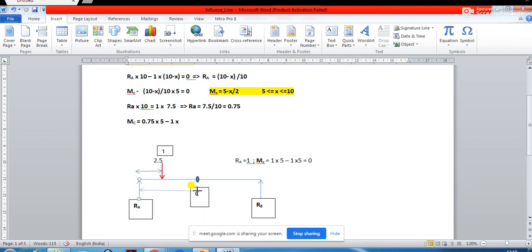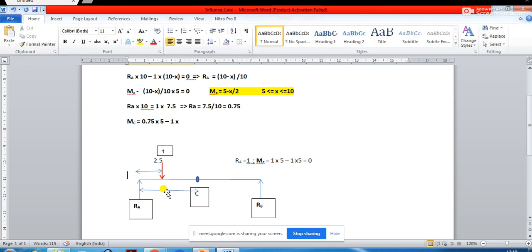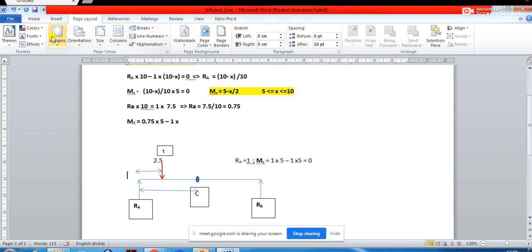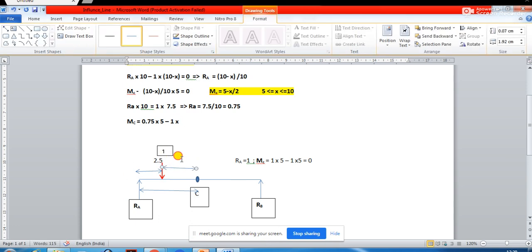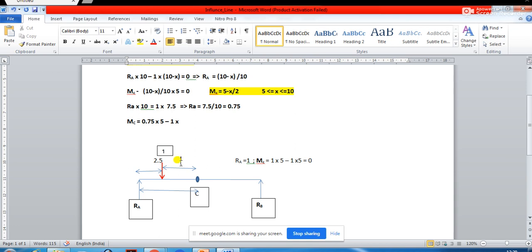From here to here the distance is 5, right? And from here to here the distance is in this case 2.5, isn't it?